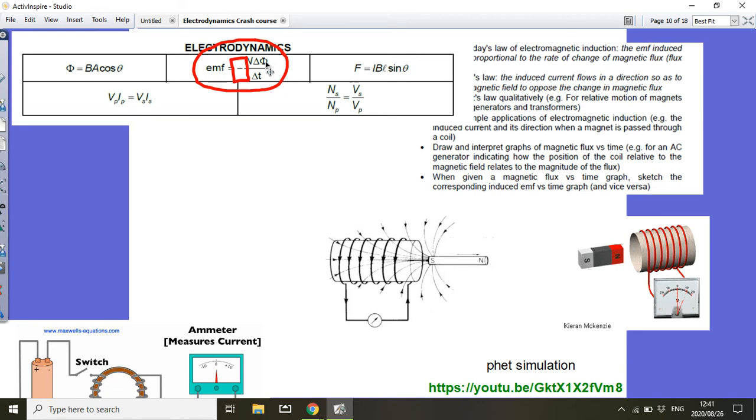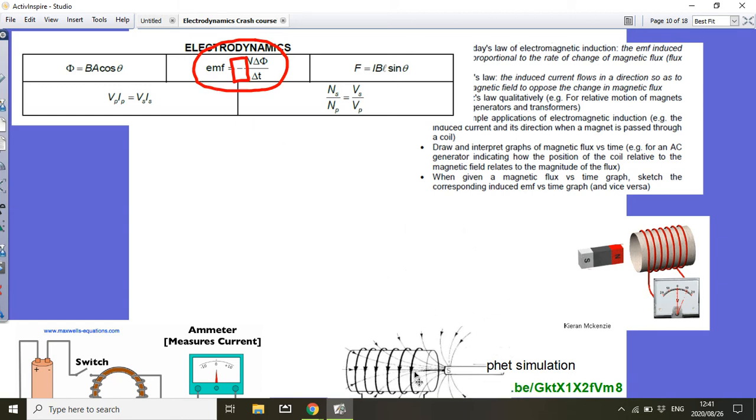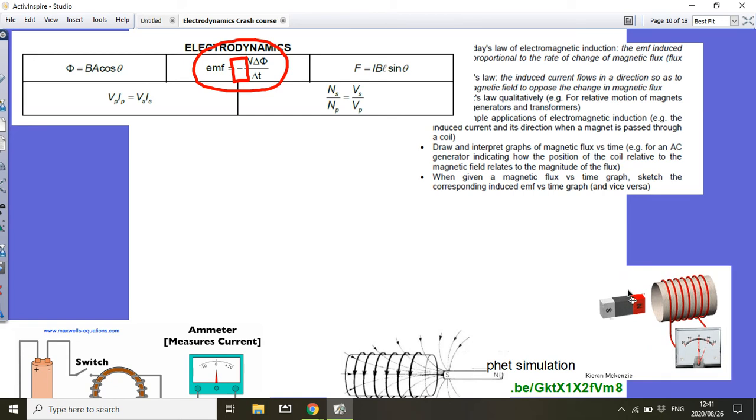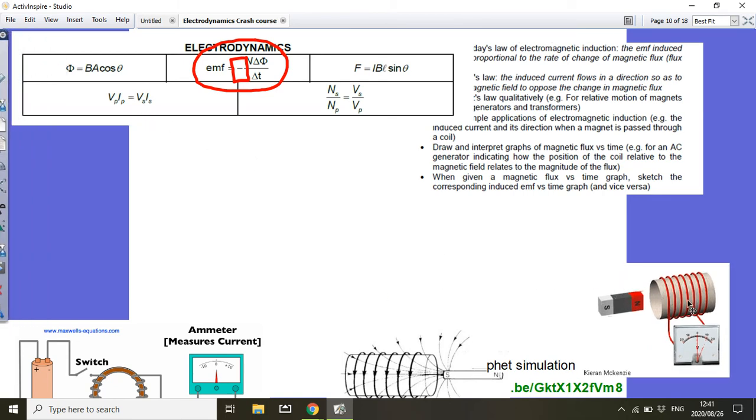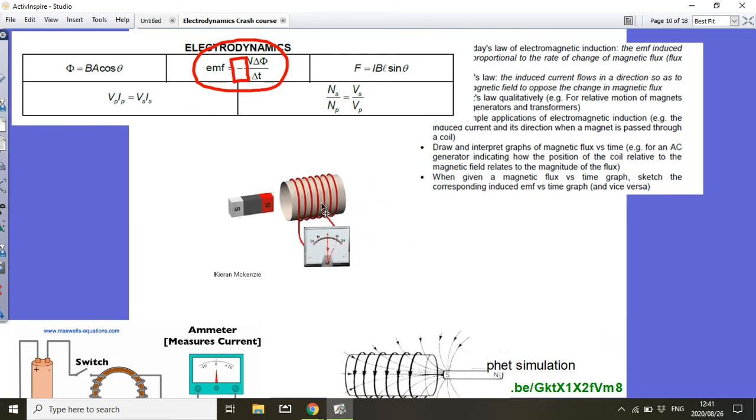Because remember, if you do not have a change in the magnetic flux, you cannot have an EMF induced and you cannot get a current to flow. So that is why these diagrams were here. Now, if you look at the minus, and I maybe need to use this one here to show you this. The negative is because of Lenz's law.